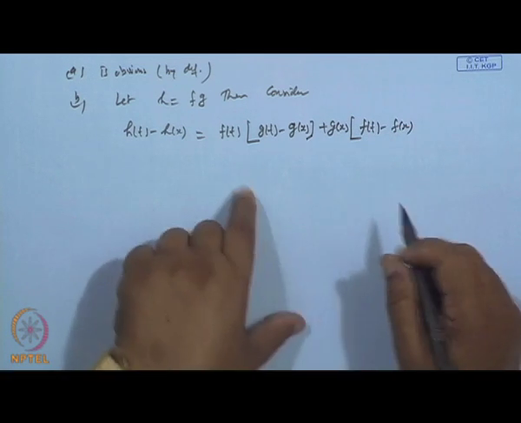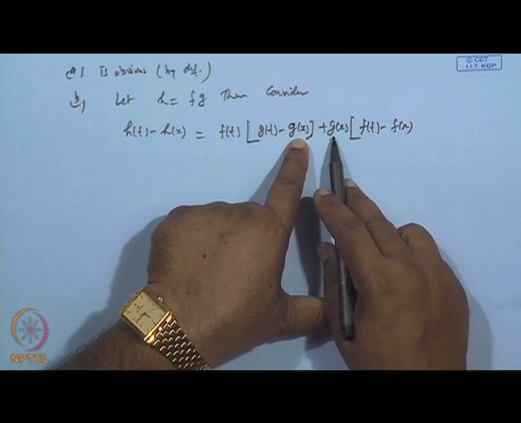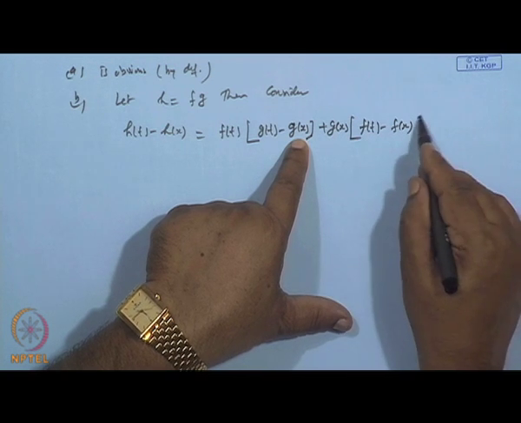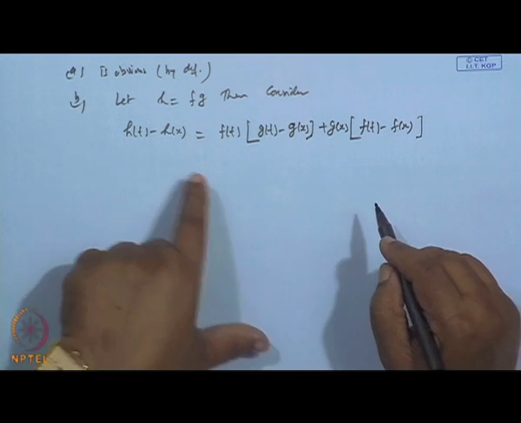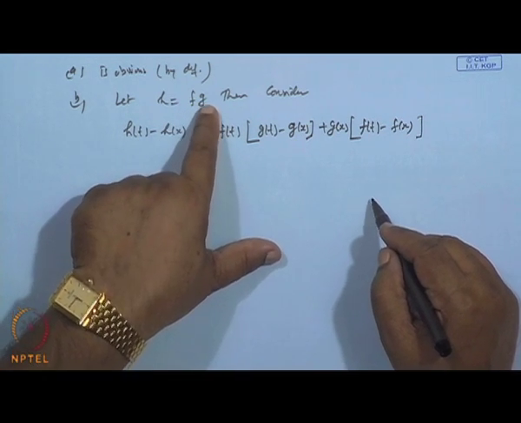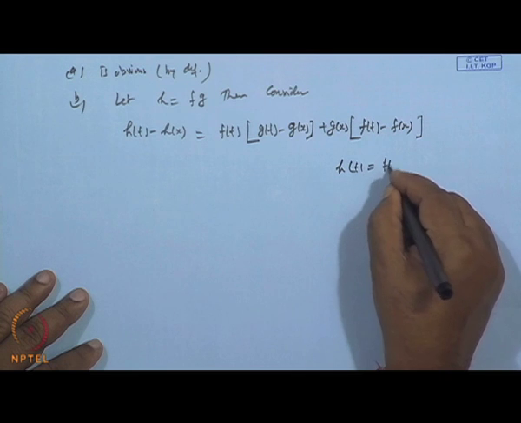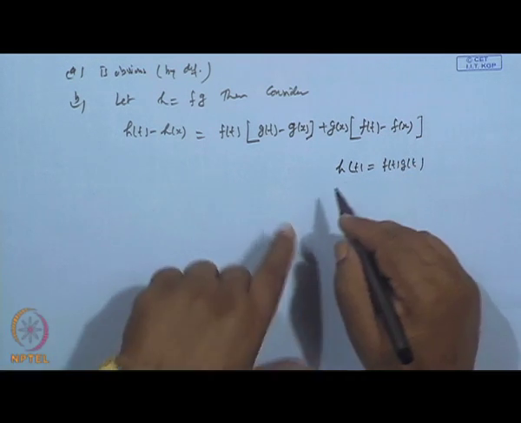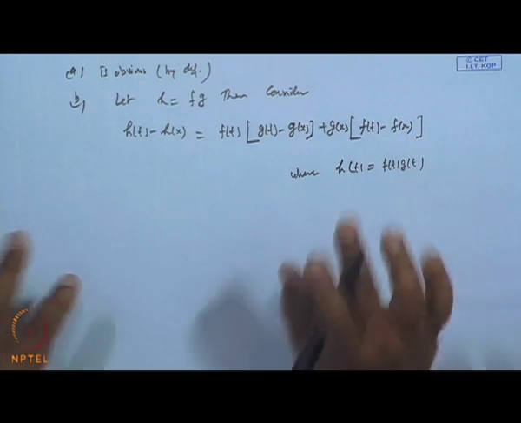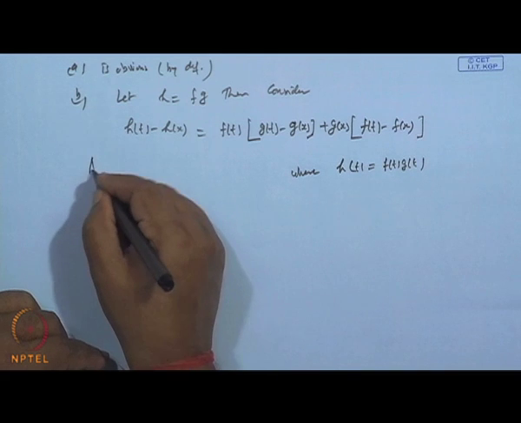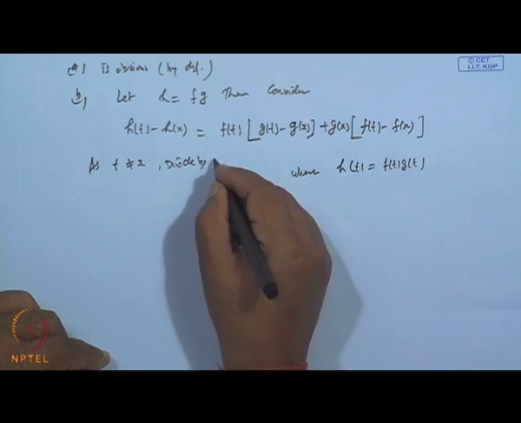Now you see that f(t) g(x) is subtracted and added, so this will be 0 and the rest balances. Here h(t) means f(t) g(t) and h(x) means f(x) g(x). Now divide by t - x, as t is different from x.